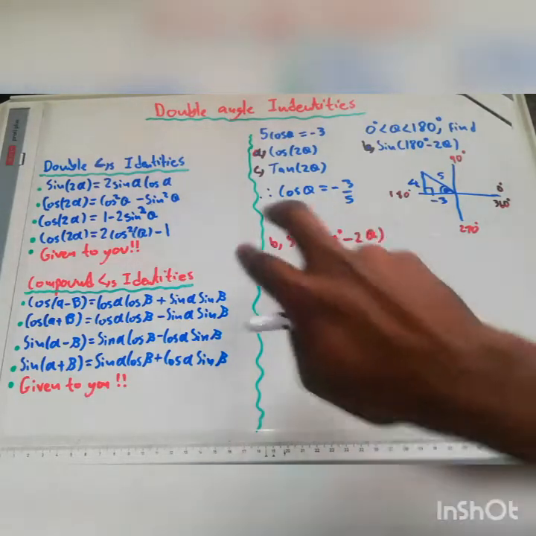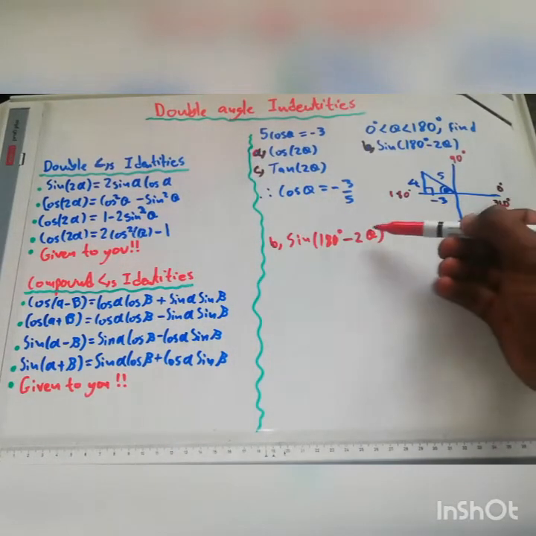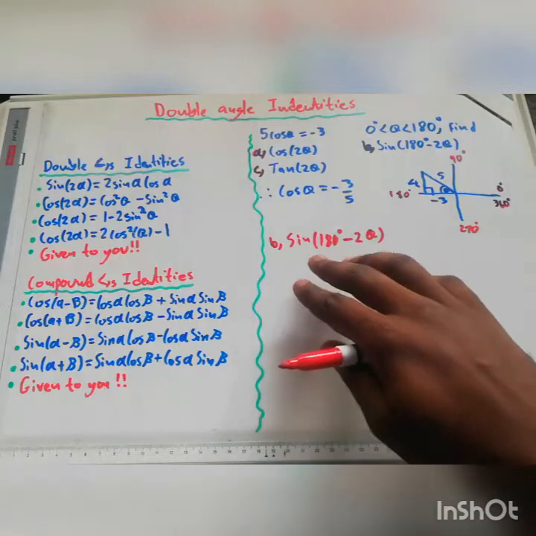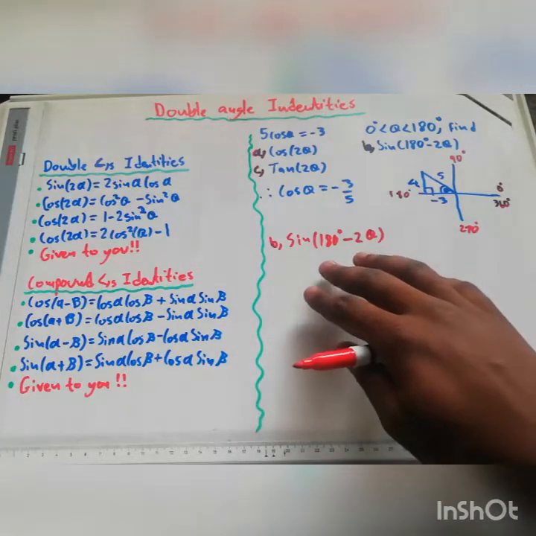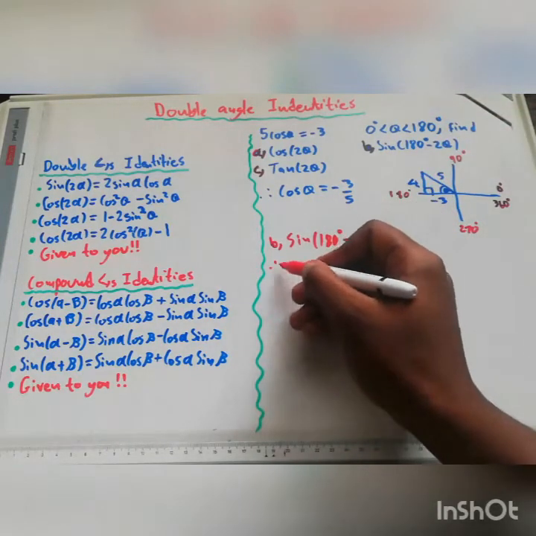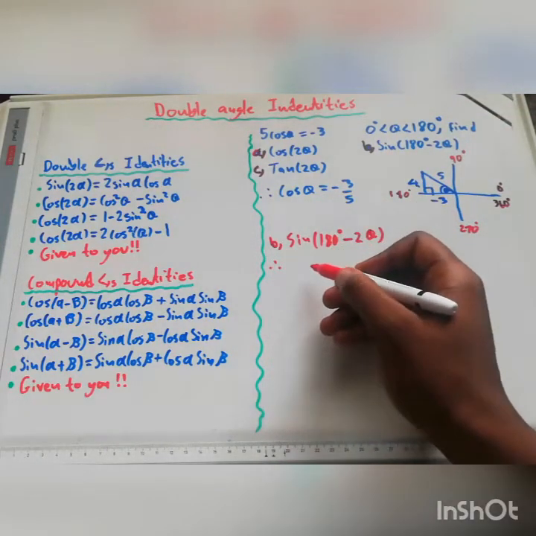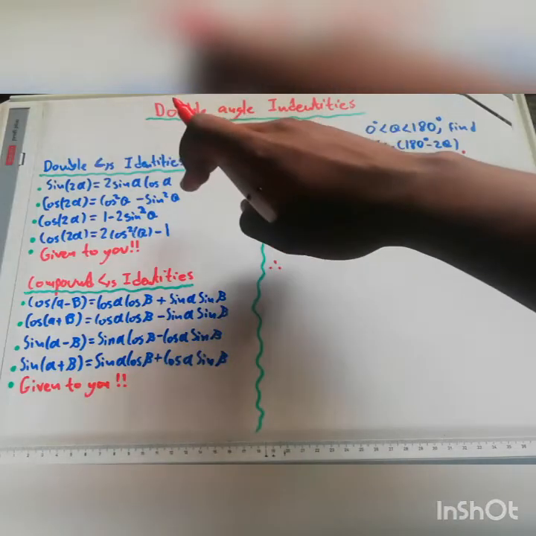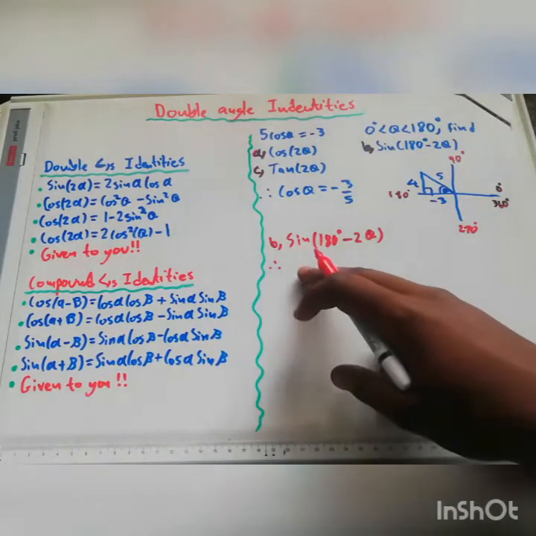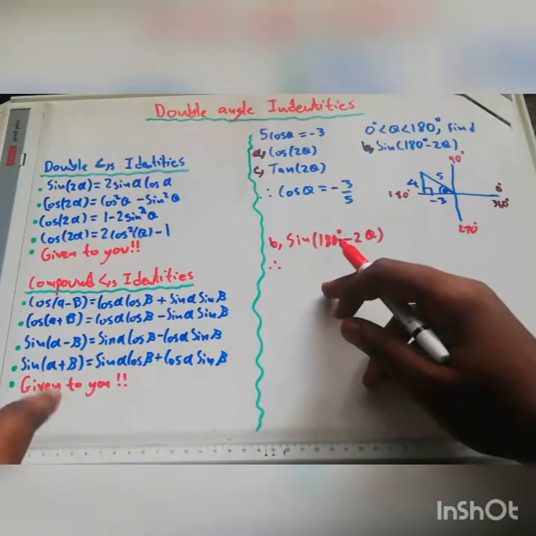But then it's also a double angle identity. Why? Because we have this 2 theta. So when it comes to such problems, you firstly have to apply one of them. Now I'll say it's better if we start by applying the compound angle identity.